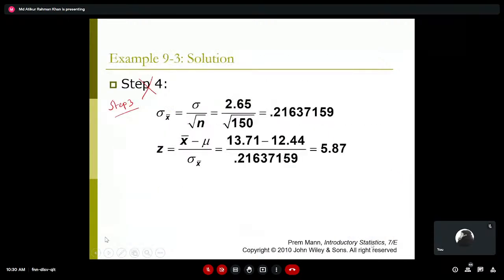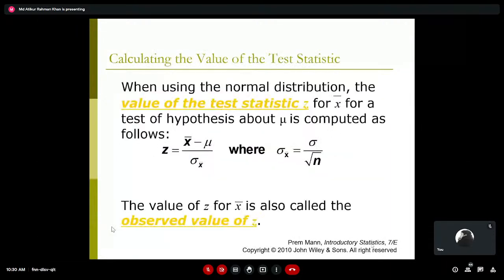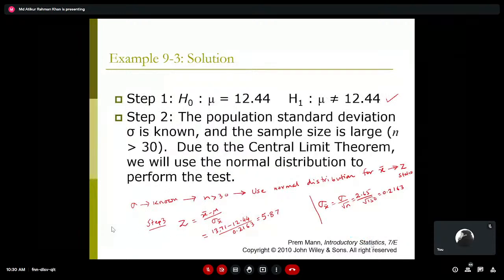Now, step 6. Once you reject the null hypothesis, what is your conclusion? Can anyone please let me know? You have rejected the null hypothesis, so I accept the alternative hypothesis. Yes.